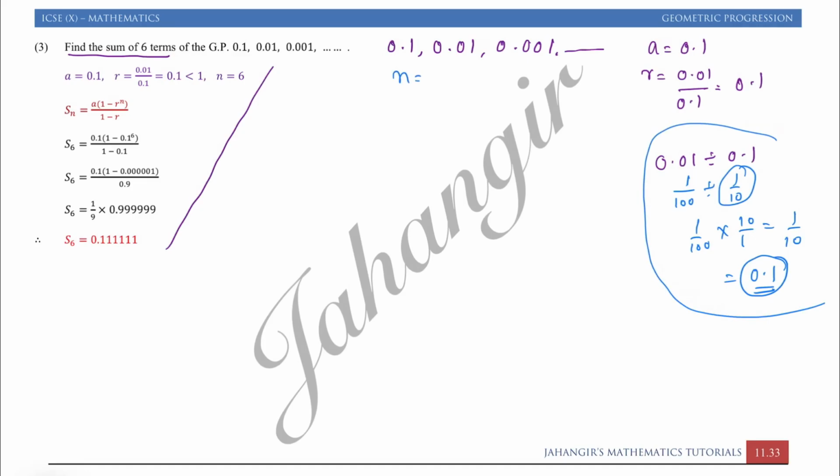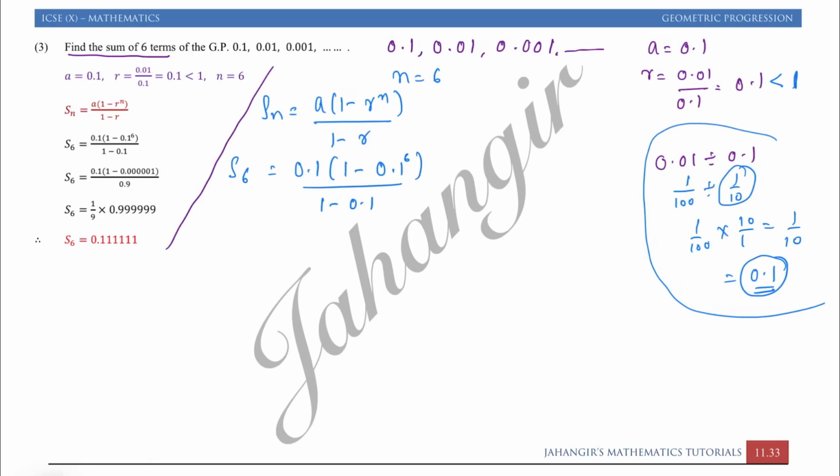And here n is 6, we have to find the sum of 6 terms. So here R's value is less than 1, so Sn we will write as A into 1 minus R raised to n upon 1 minus R. So S10, sorry, not S10, it is S6. S6 is equal to A value is 0.1 into 1 minus 0.1 raised to 6 whole upon 1 minus 0.1.